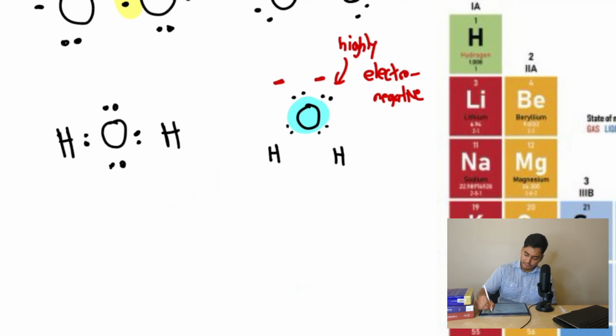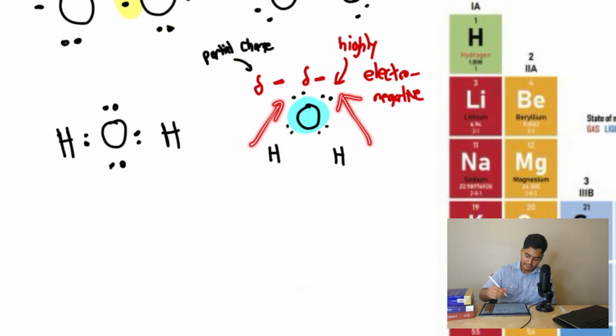And if the oxygen is going to be a little bit closer, okay, then we're going to represent this with the following symbol here. We're going to write this squiggly D here. This is called a delta, okay? And so this squiggly D indicates a partial charge. Which means, again, our oxygen is highly electronegative, which means it's drawing our electrons like a magnet.